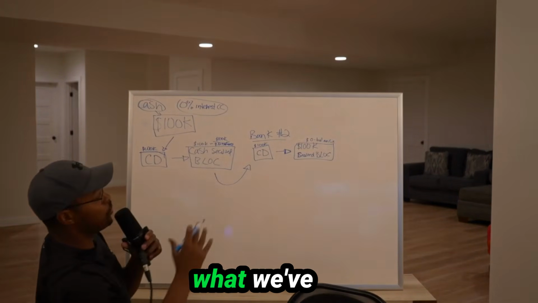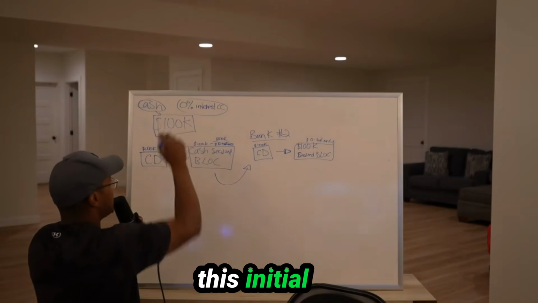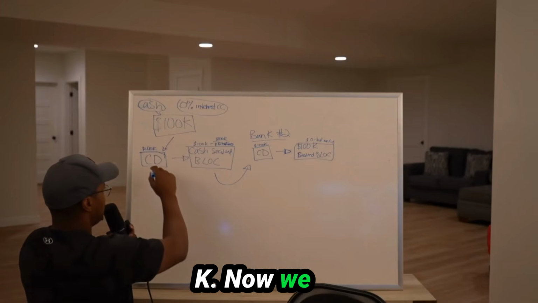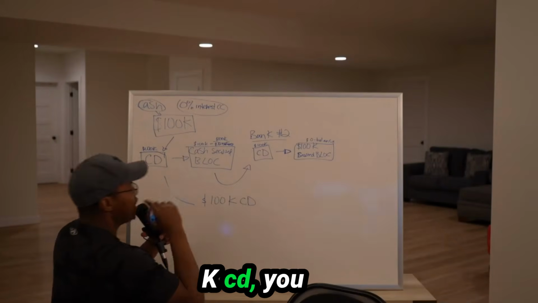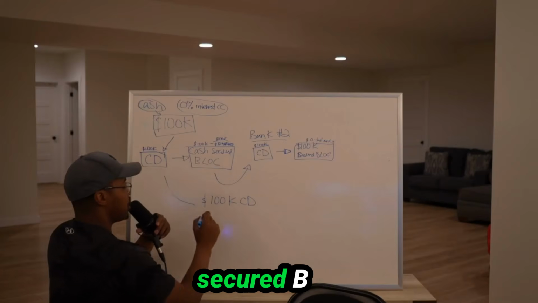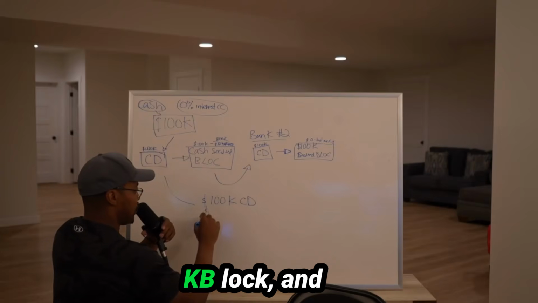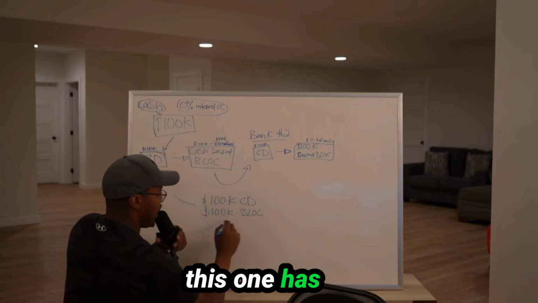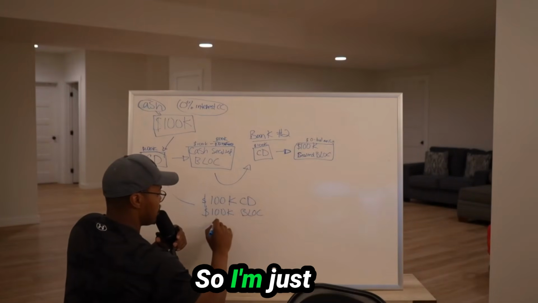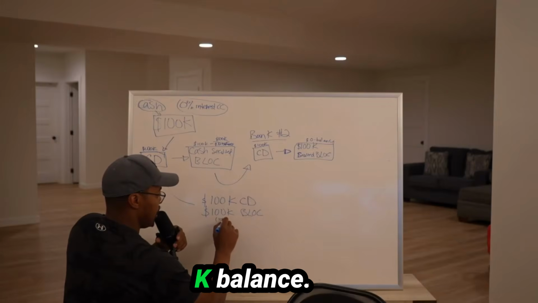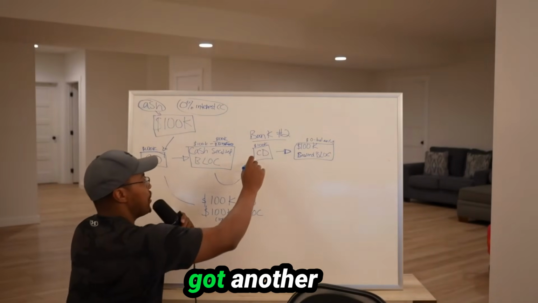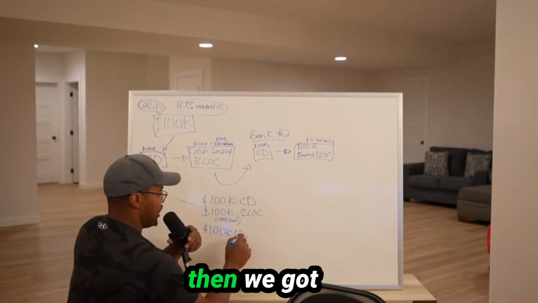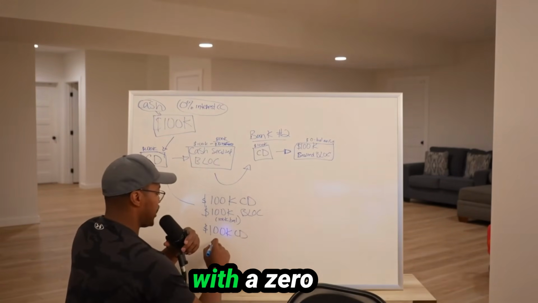So let's look at what we've done right here. Just starting with this initial 100K, we still got this first CD, so you got a 100K CD. You have a cash secured BLOC, right? So you got a 100K BLOC, and this one has a 100K balance. And then we got another 100K CD, and then we got another 100K BLOC with a zero balance.